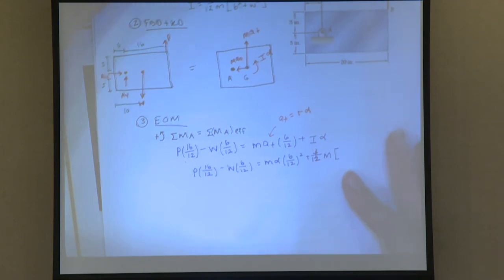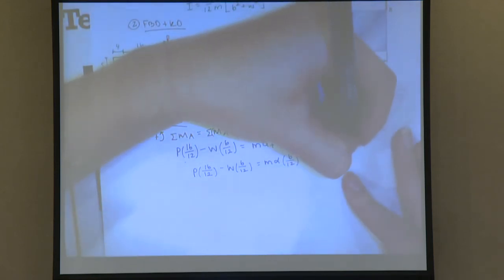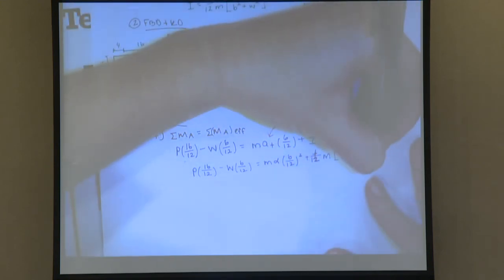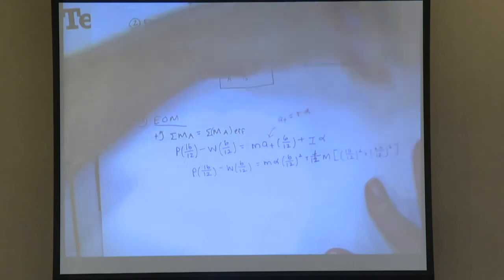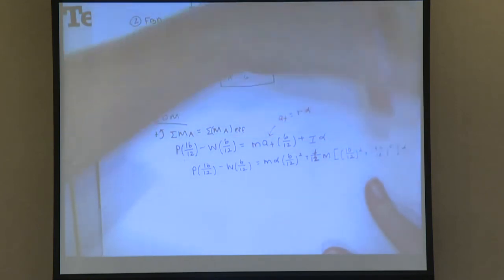I'm going to pick 10 for the base and 20 for the width, and that's times alpha.